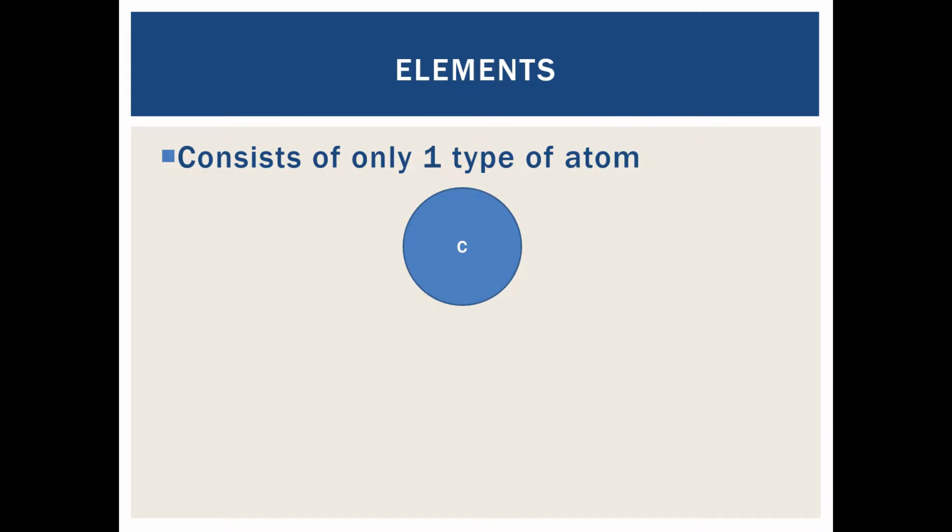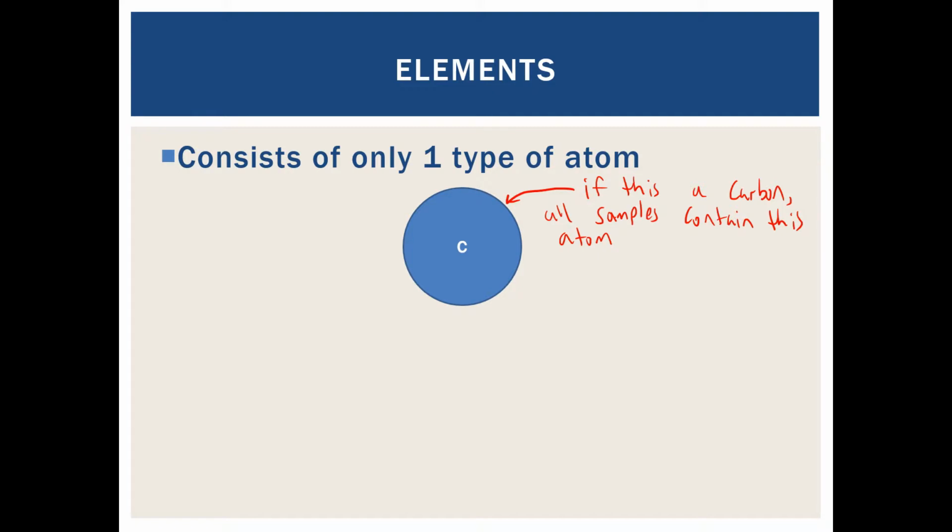So, for example, if this is a carbon atom, a sample of carbon will contain the exact same atom. Okay, all samples of carbon contain this atom. Okay, if it contains a different atom, it is not carbon.